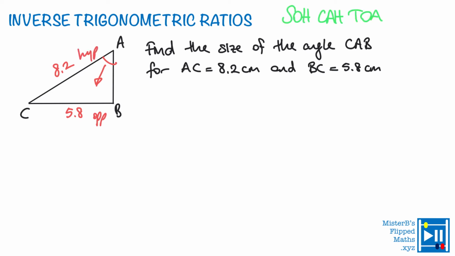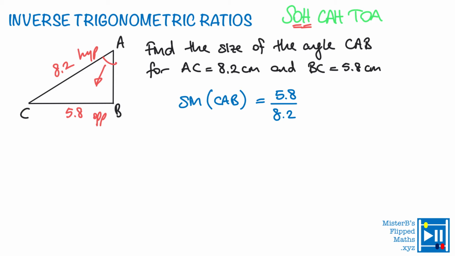So referring to SOH CAH TOA, it is going to be sine, right? Because opposite over hypotenuse. So I'm going to write this down. I'm going to say sine of this angle CAB must be 5.8, the opposite, over 8.2, the hypotenuse. This is where I'm going to introduce the inverse trigonometric ratio.